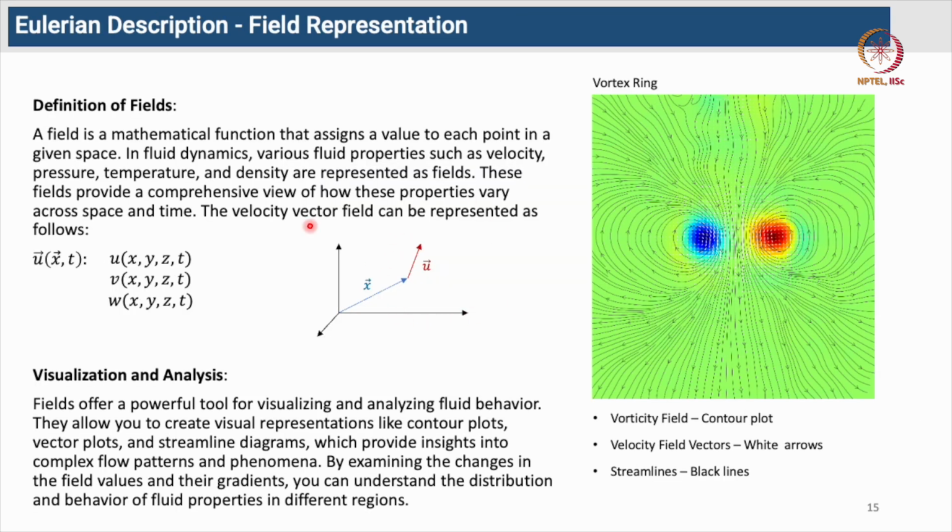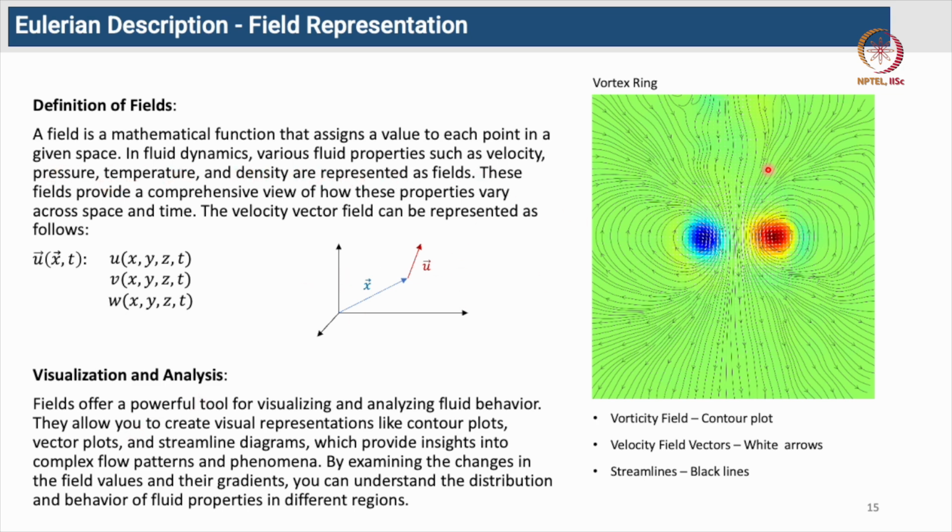Eulerian is therefore a field representation, and it is extensively used in fluid mechanics, as we already know by this time. So this is, for example, a field equation for velocity. A mathematical field, if we have to define it, is a mathematical function that assigns a value to each point in space. In fluid dynamics, various fluid properties such as velocity, temperature, pressure, and density are represented as fields.